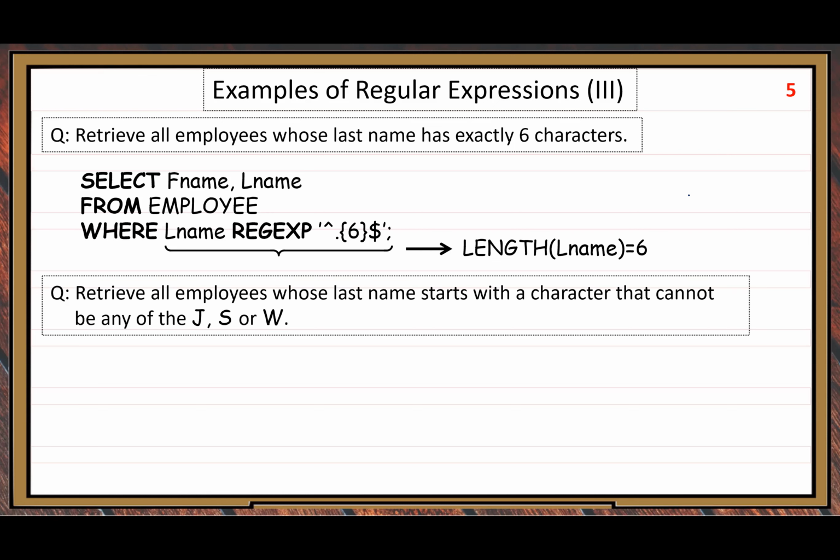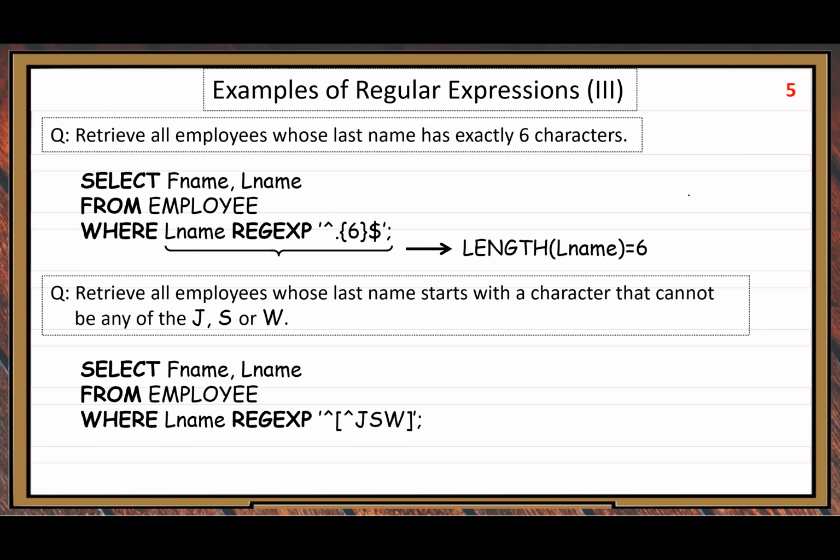All right. Next question. Retrieve all employees whose last name starts with a character that cannot be any of J, S, or W. Remember the hat: bracket, then that hat symbol.